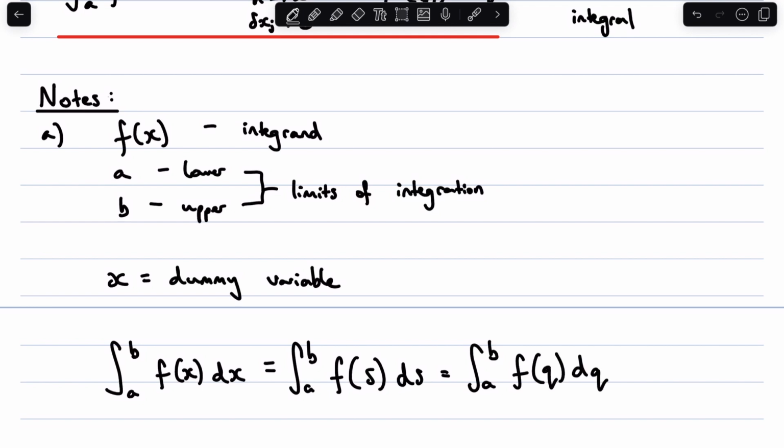As long as we're integrating over the same variable, we just change it accordingly, and it's just known as a dummy variable. You could call it anything you like. You could call it, I don't know, glass of water. F of glass of water, d glass of water, that would be our integral, and that's our dummy variable there. So it really doesn't matter, but use what you feel is appropriate at the time.